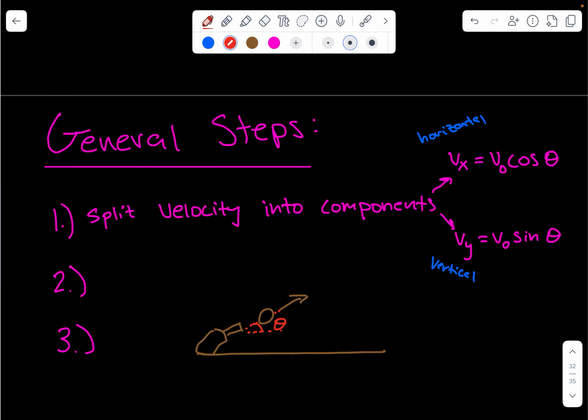So in this case, if this is our total velocity, we have our velocity in the y direction, and we have our velocity in the x direction. So that is the first step: always simplify your components into x, y, because that is what we can solve.